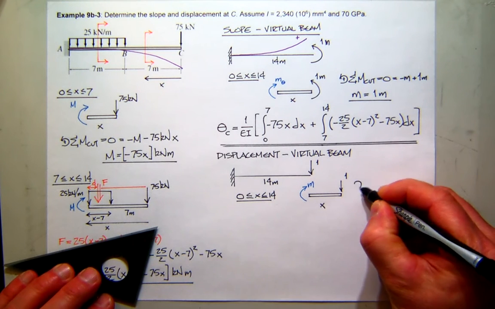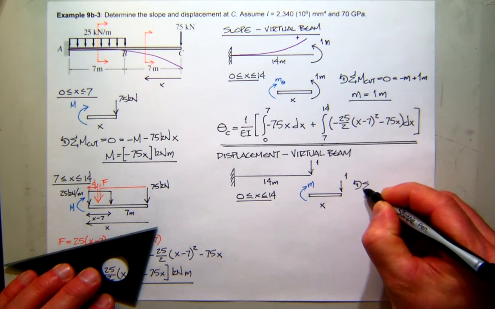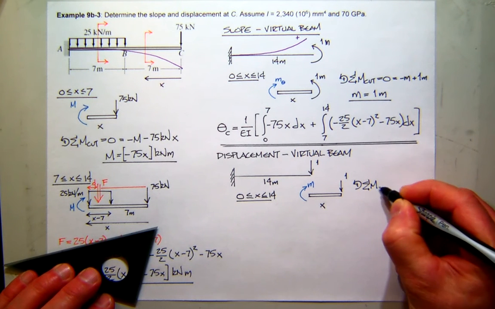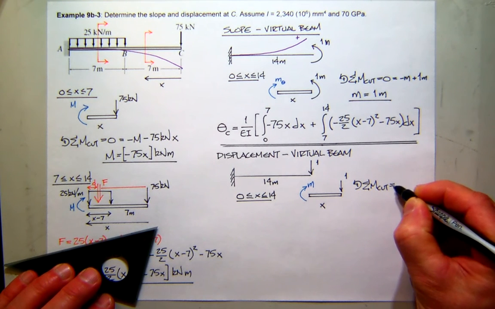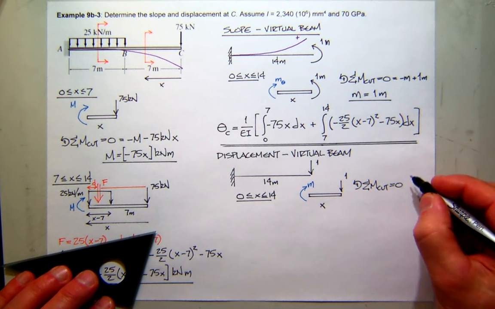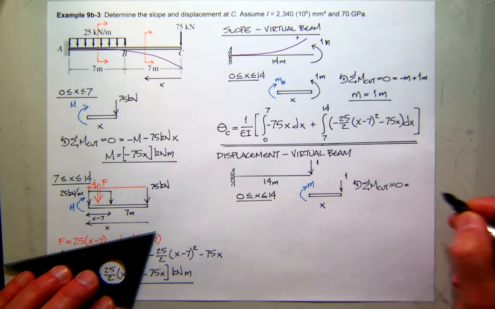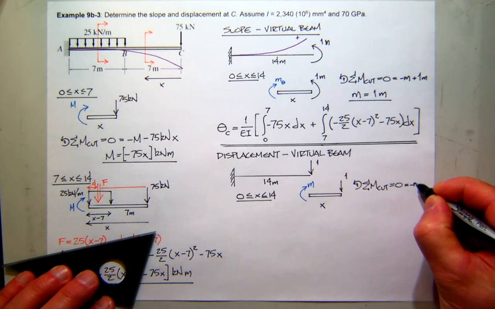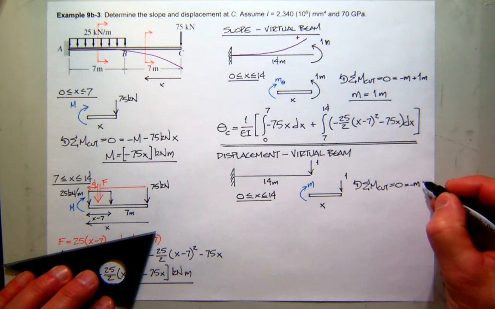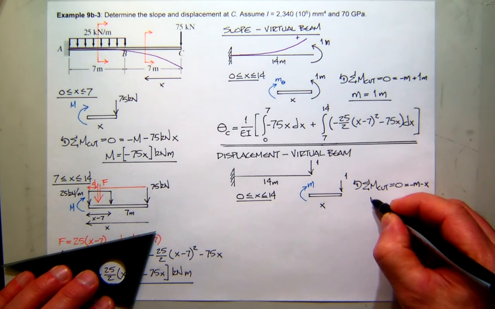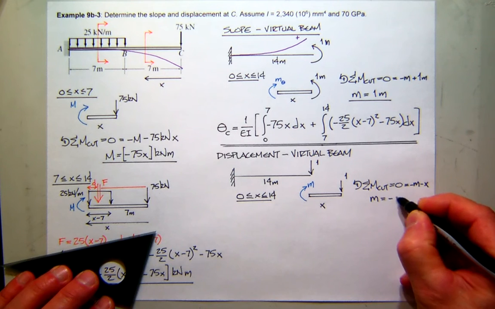And then we can come back here and sum the moments at the cut. Make sure it's in equilibrium. Again, I have my virtual moment, and then minus basically 1 times x, which is x. So the virtual moment is simply minus x.